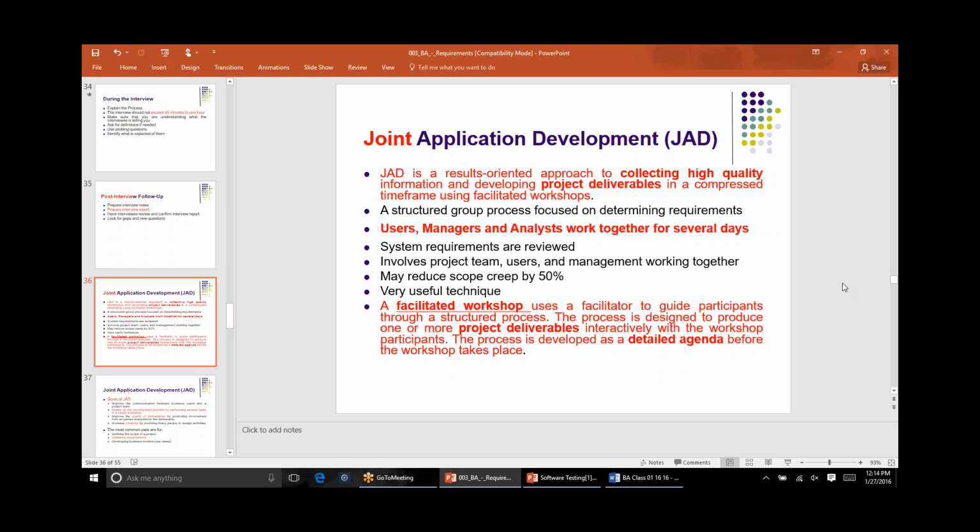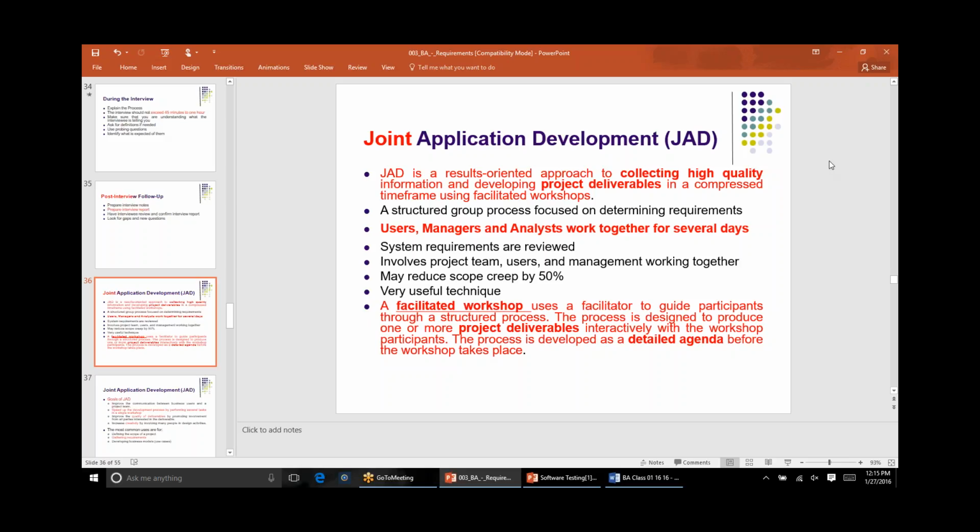That term is important. Facilitated workshop.